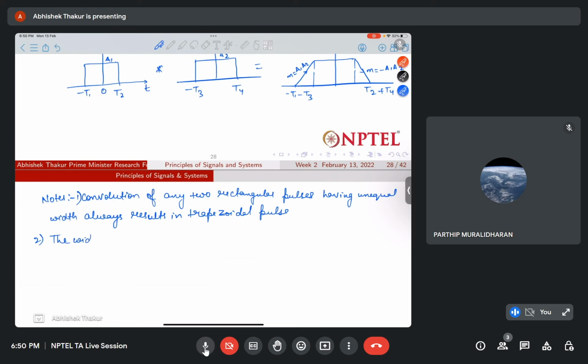The width of the output is equal to the sum of the widths of the individual rectangular pulses.